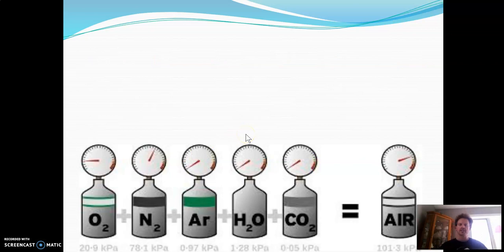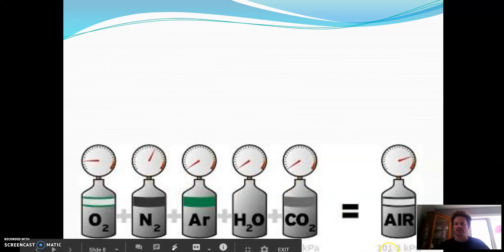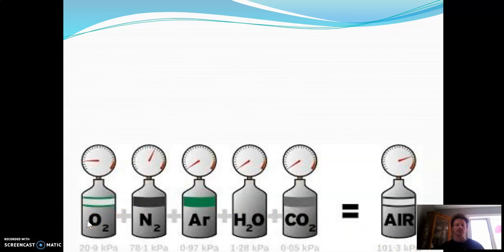All right, taking a look at this, this is basically what our air is. PT would be our air on the right-hand side, the sum total of air, and you can see down here it's 100.3 kilopascals, the combination of our oxygen and nitrogen and argon and water and CO2, right?